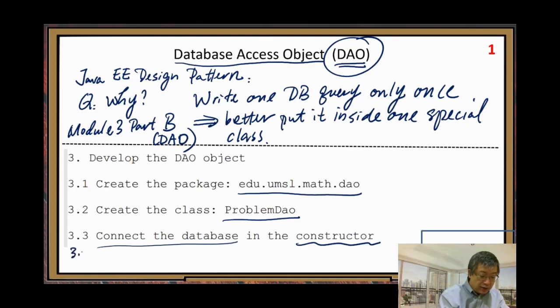After that, we need to do the database query. Two more steps. So we have the code in our instruction file. We just copy and paste. All right, so let us do the development in Eclipse.